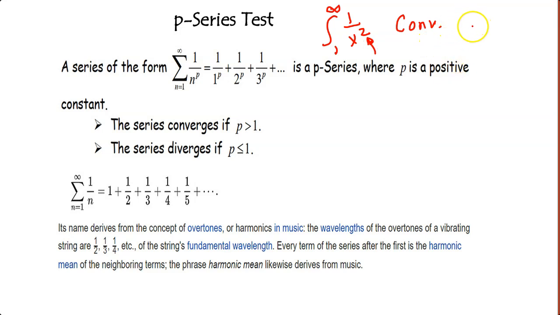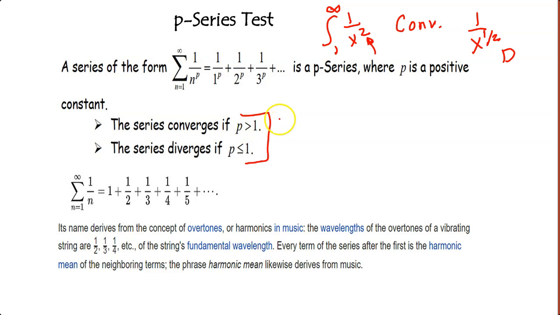If the power of my x was equal to 1 or less than 1, then it would diverge. Well, in the p-series test for our infinite series here, we have the exact same two rules.